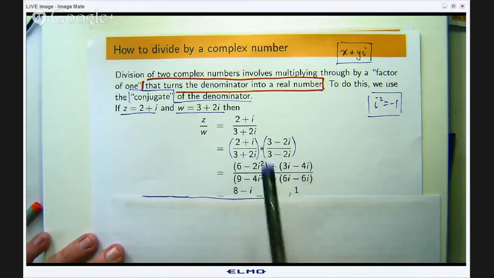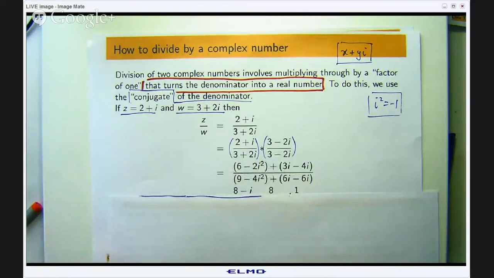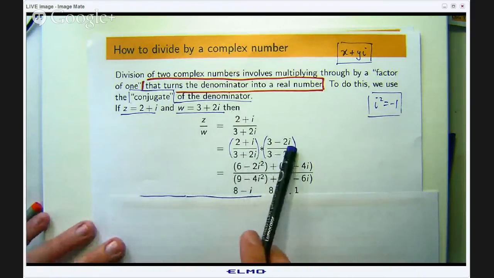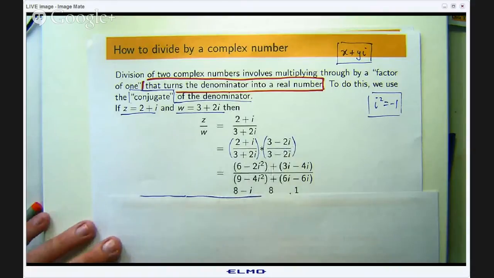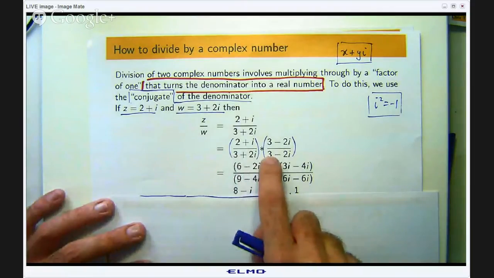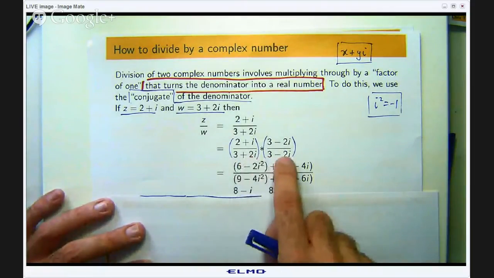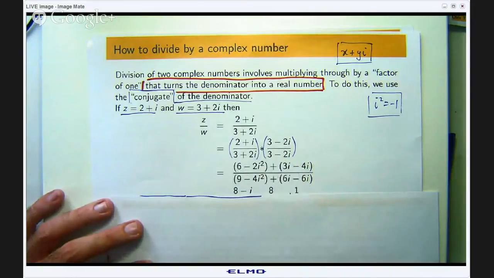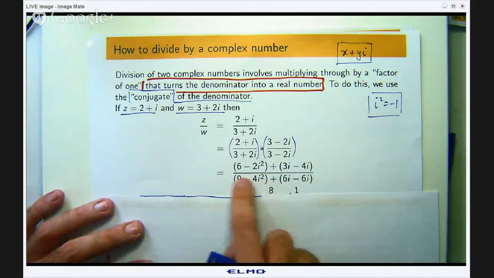What about the bottom? Well, the bottom is similar. You can expand it in the normal way if you want to, but the secret in this form is that this bottom bit is just going to become a real number. All the i's are going to disappear. So just to prove that to you, you've got 3 times 3 plus 2 times -2i. That'll be -4i squared. Group them together.